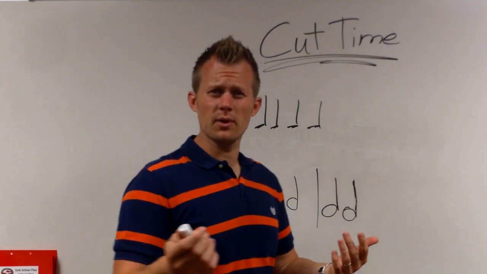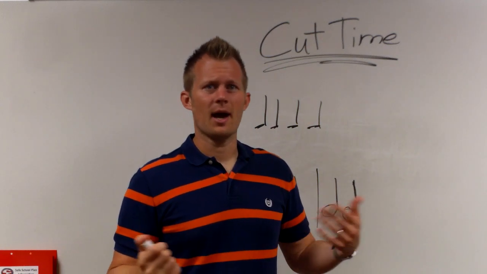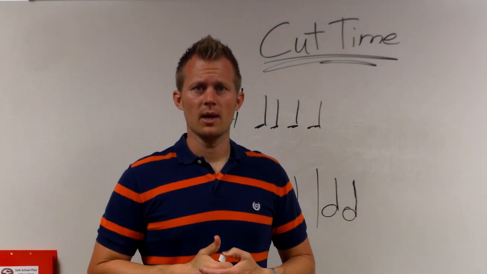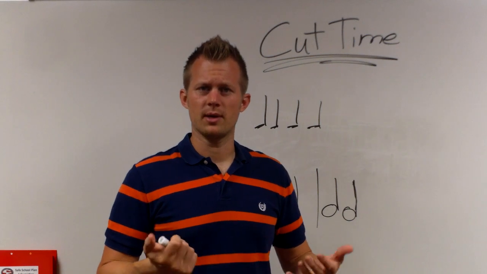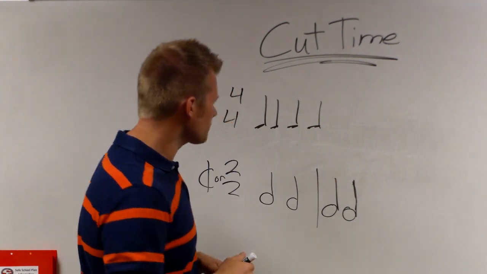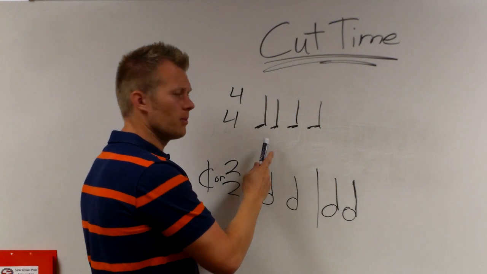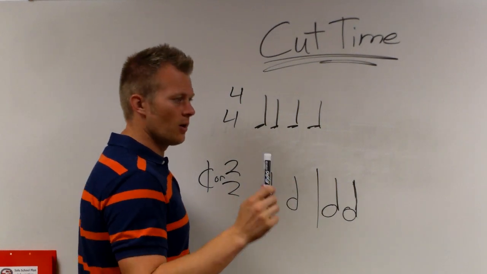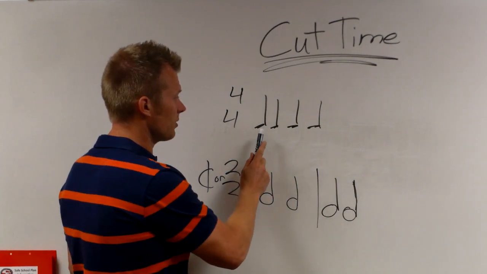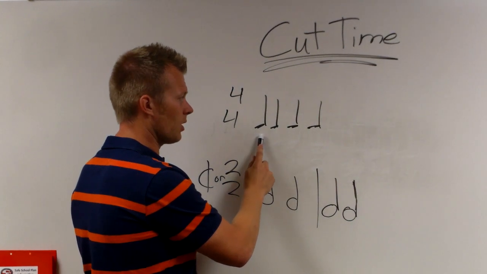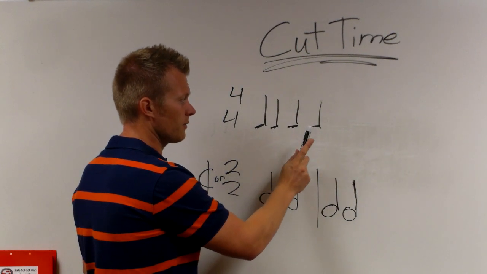So let's dive into it just a little bit. I think you're going to find it's not really as complicated as it seems, and once you practice it a couple times, you're going to get the hang of it pretty quickly. Normally in 4/4 time, if you're tapping your foot or you're seeing me conduct, each quarter note will get the beat: 1, 2, 3, 4.